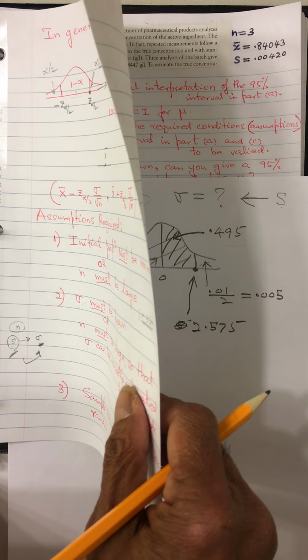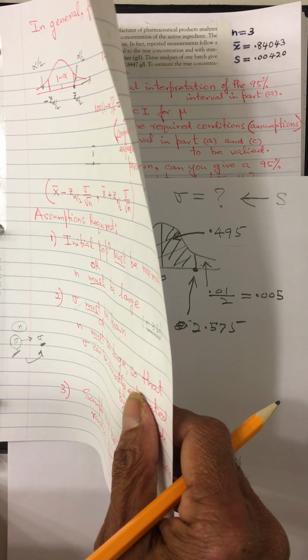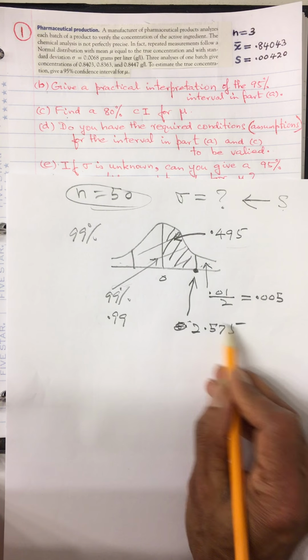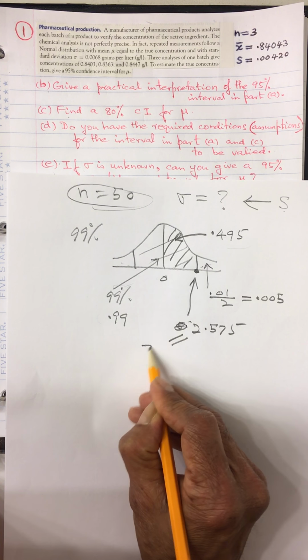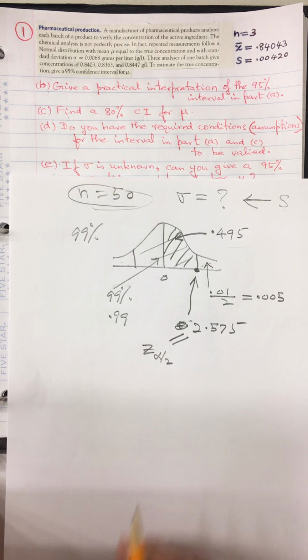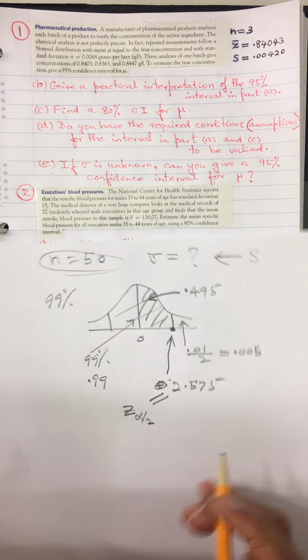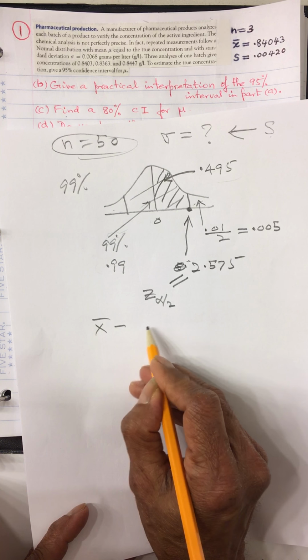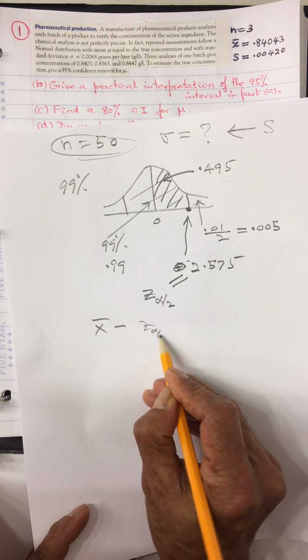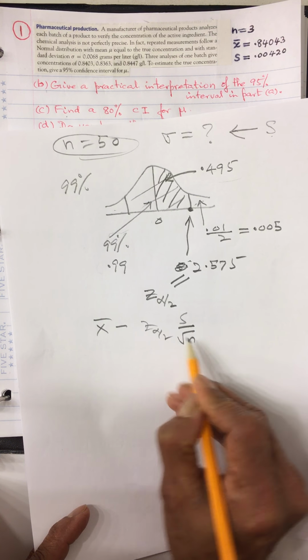2.575, okay, so take the average. So that's the Z table value. In other words, this is Z alpha over 2. So in the formula now, use those values: the x bar minus the table value times S over square root of n.